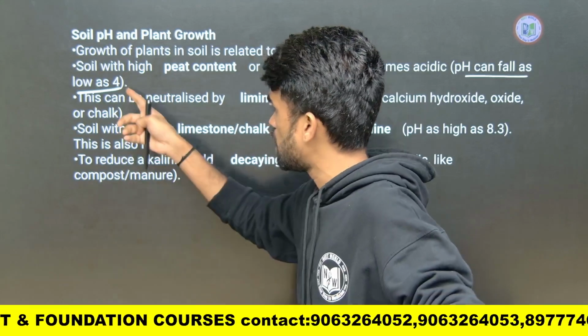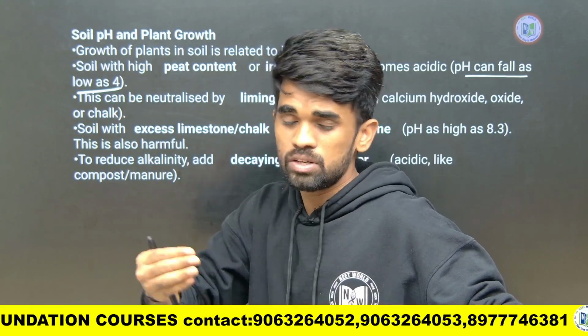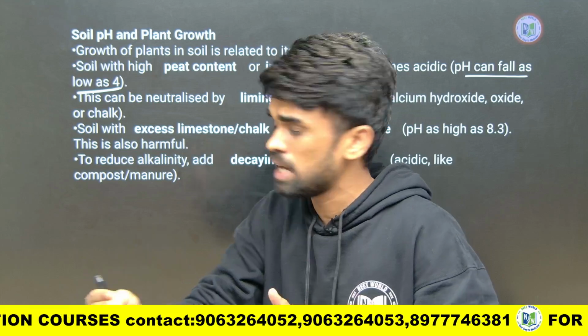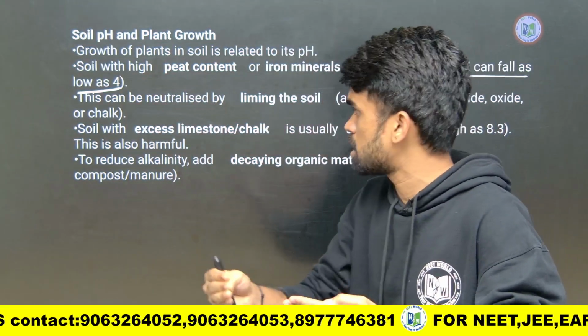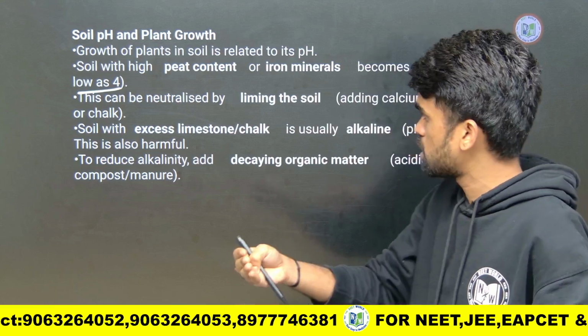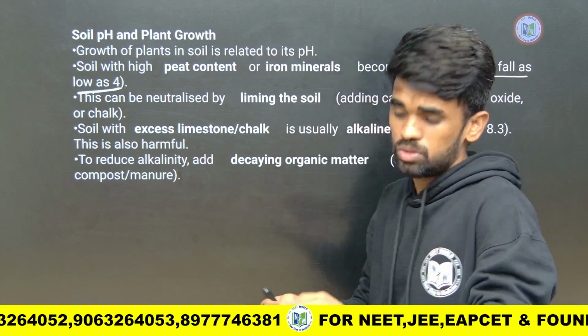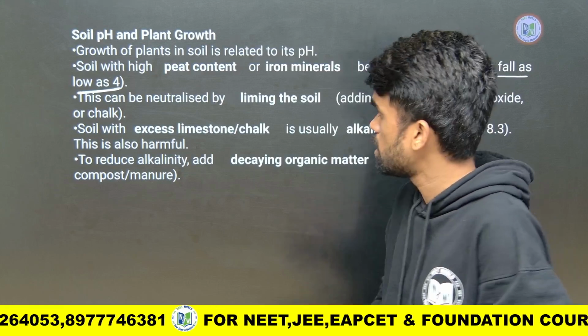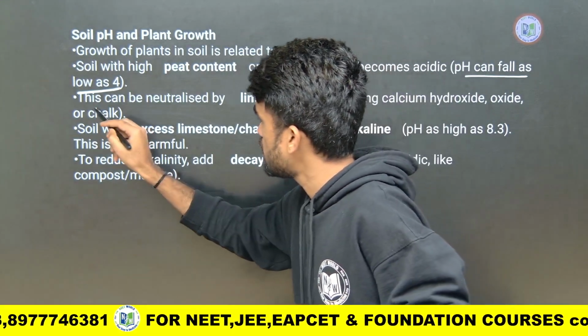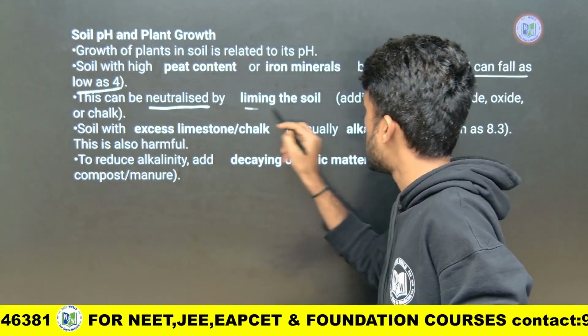Now in order to neutralize it or to make a suitable pH, we need to treat it with some basic substance, to make the land adequate or suitable for cropping, for cultivation and all. This can be done by liming the soil.